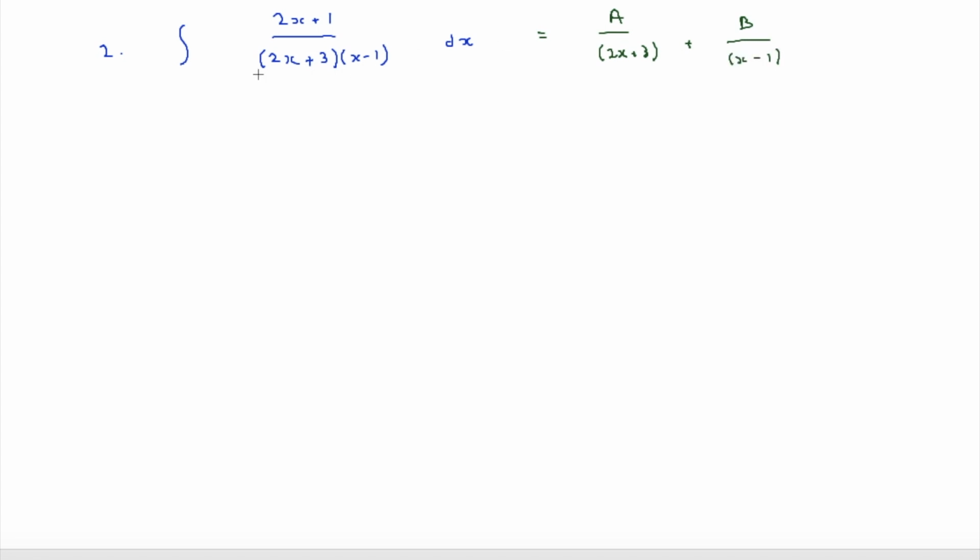Then again, what we do is we multiply everything by the denominator. So we're left with 2x plus 1 is equal to A times (x minus 1) plus B(2x plus 3).